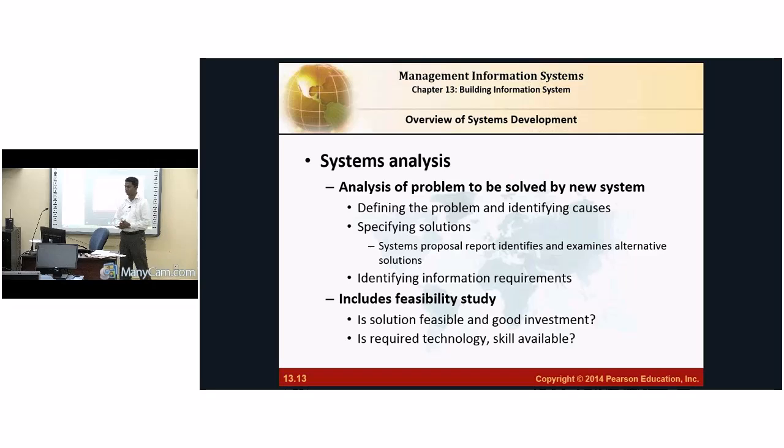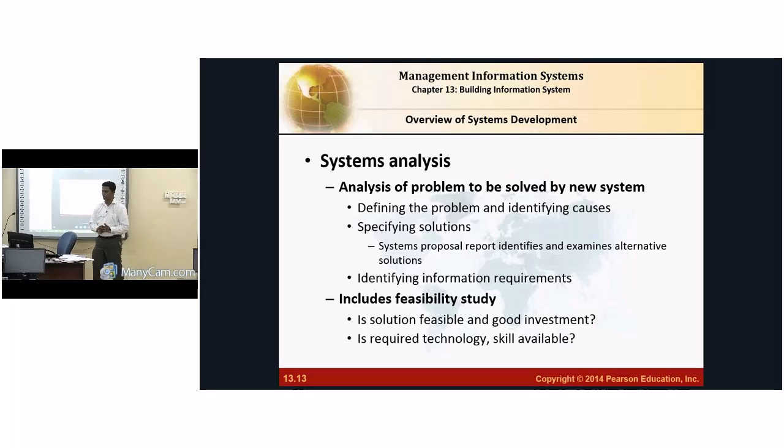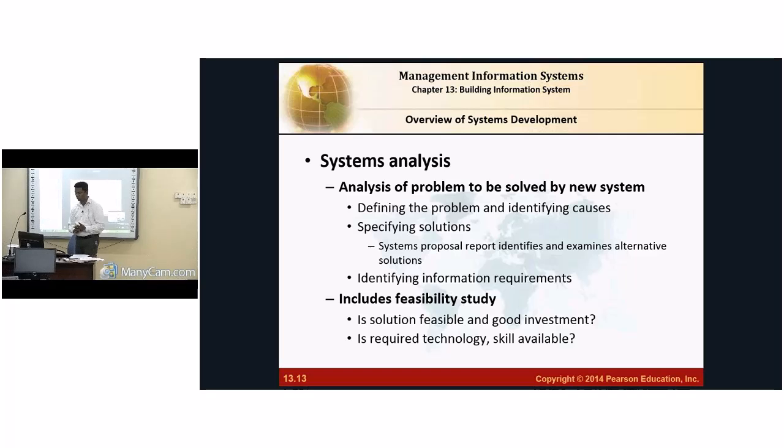So if you take an overview of systems development, you have system analysis. So analysis of the problem to be solved by the new system. So you define the problem and identify the causes. So you specify the solutions. Systems proposal report identifies and examines alternative solutions.